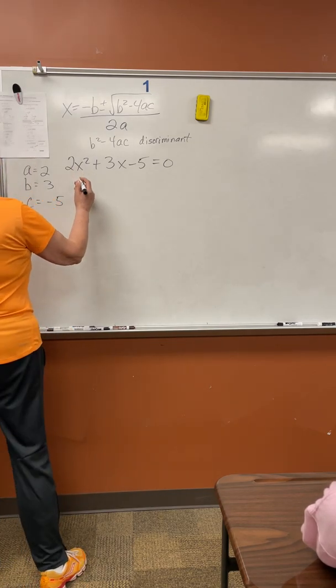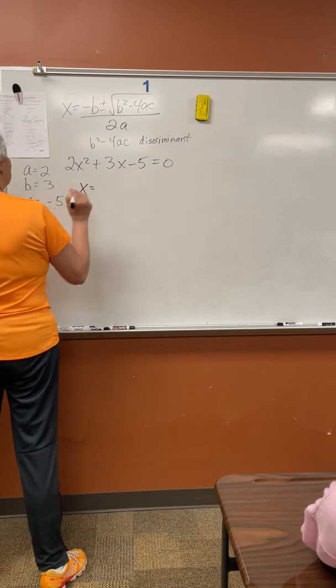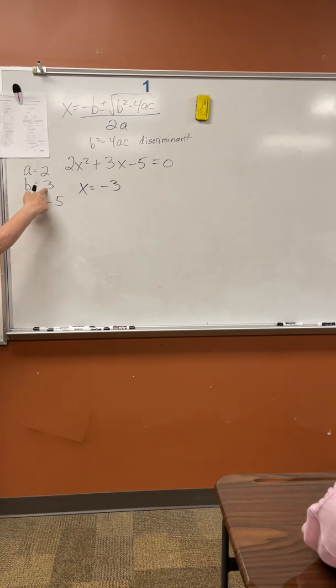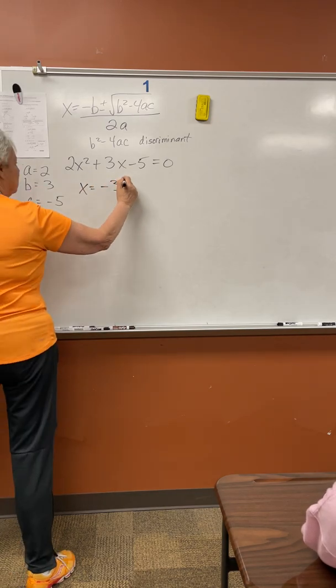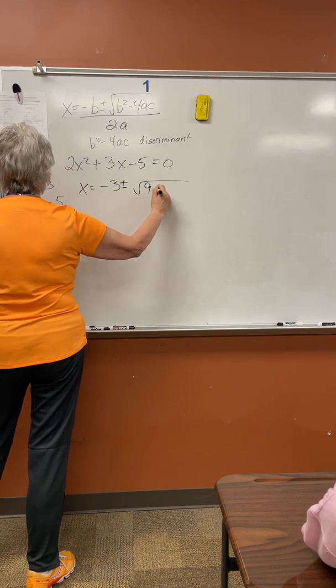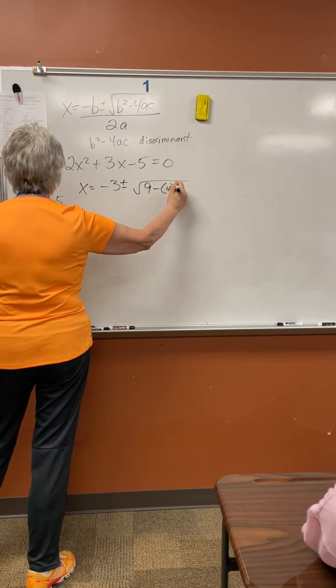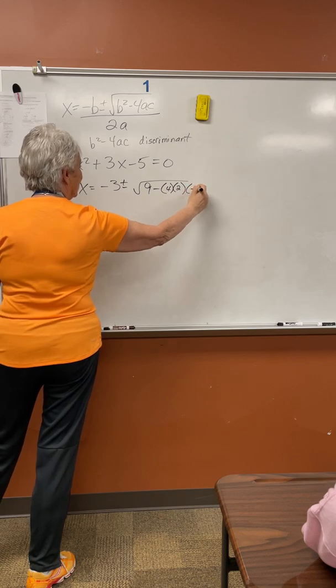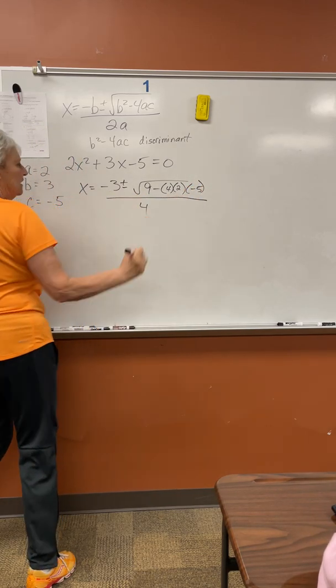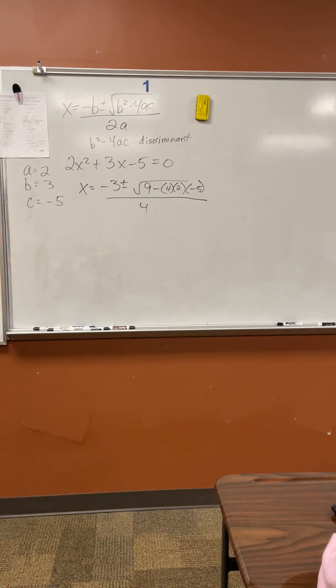All right, so let's see if you know how to plug it in. Negative 3, right, because that's 3, plus or minus the square root of 9 minus 4 times 2 times negative 5, all over 2a, 4.